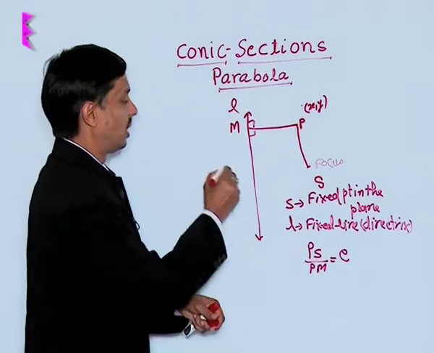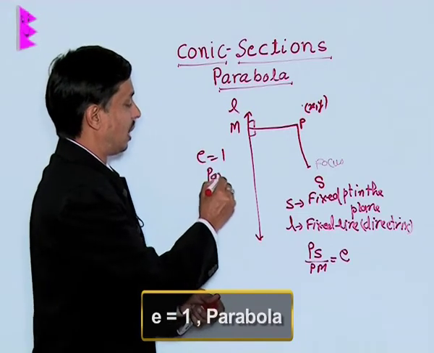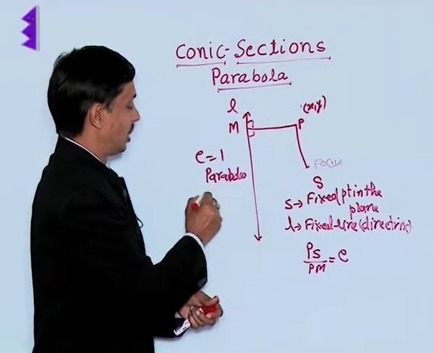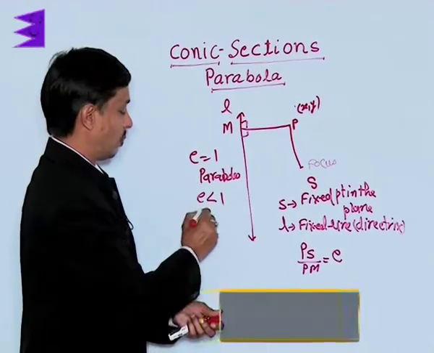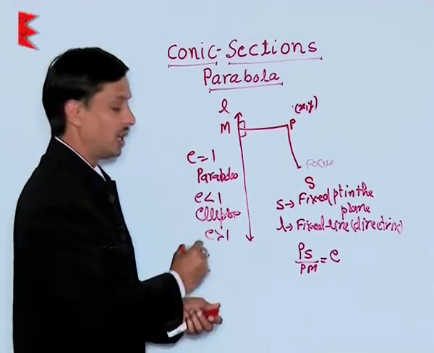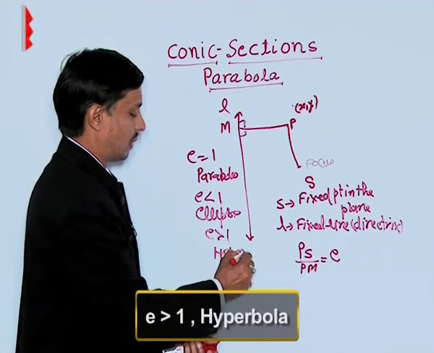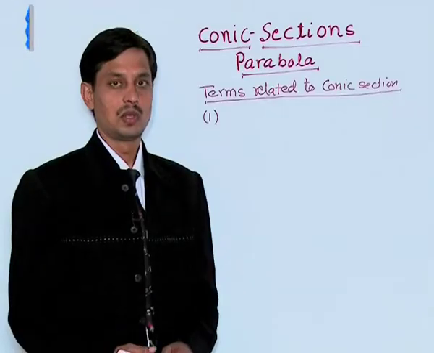If eccentricity comes out equal to 1, it is known as parabola. If eccentricity is less than 1, we call it ellipse, and if eccentricity is greater than 1, we call it hyperbola.